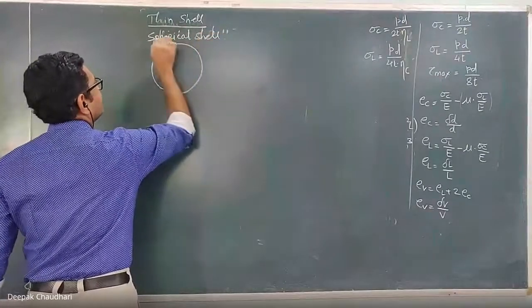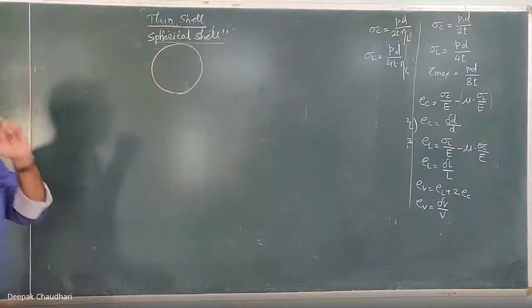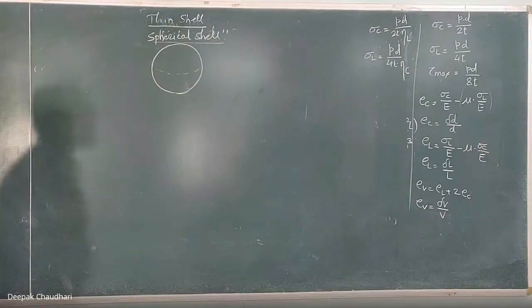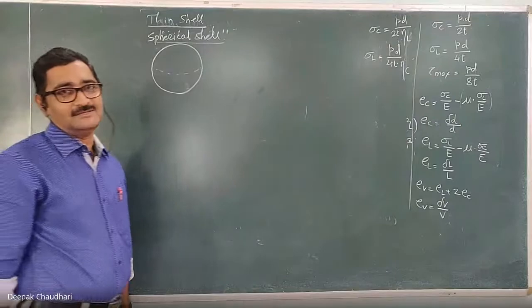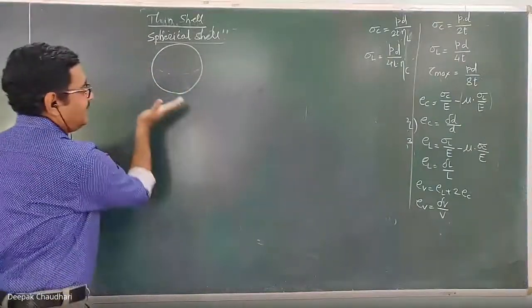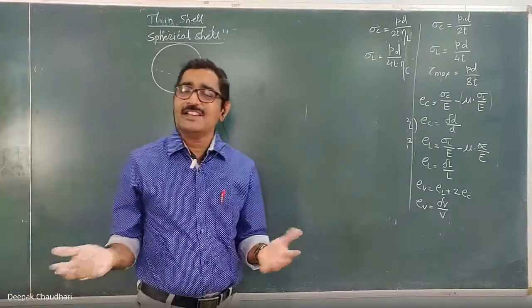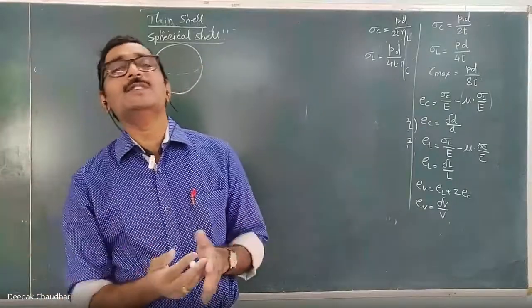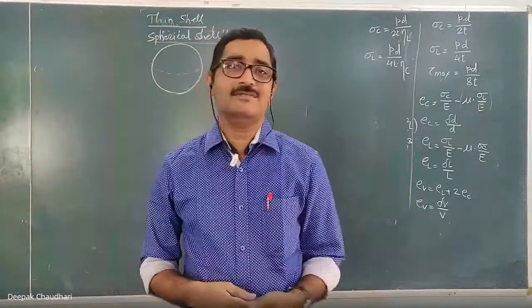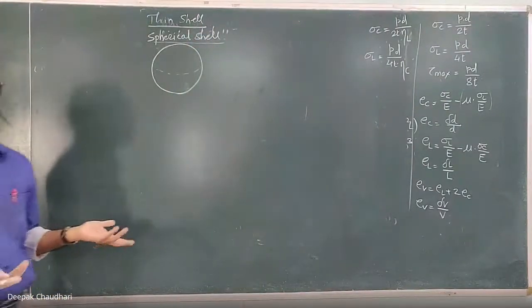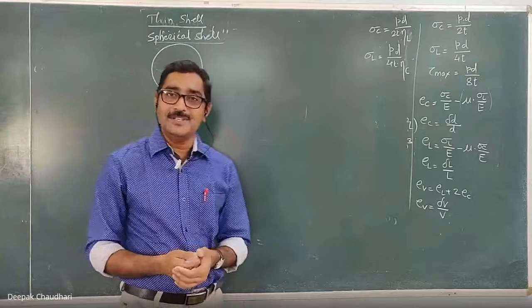Now in a spherical shell, which types of stresses are induced? In the x direction and y direction, there is only the diameter. For the cylindrical shell, in the x direction there was a length and in the y direction there was a diameter. But for the spherical shell, in x and y direction the dimension is the same and it is the diameter.